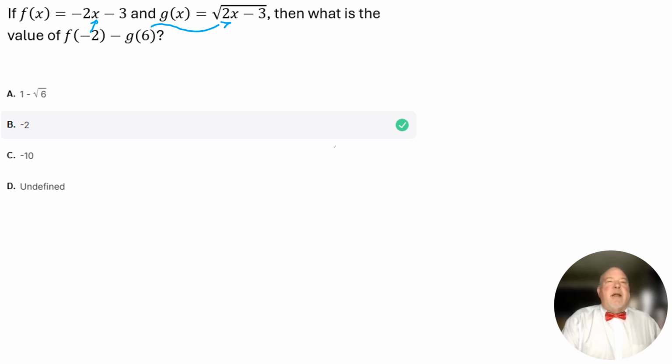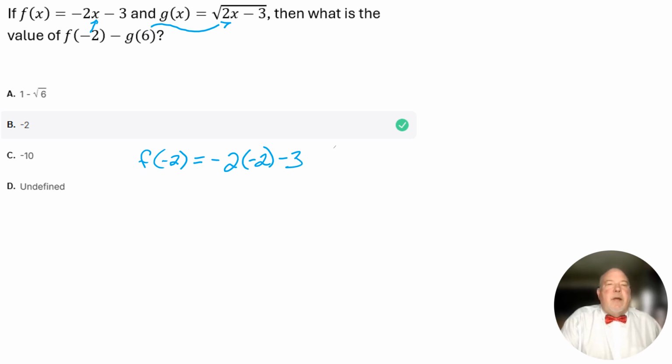So let's write down f of -2. I'm going to write it in function notation for you. That -2 is just showing what I'm plugging in for x: equals -2 times, not x, but -2 plugged in for x, and then minus 3.